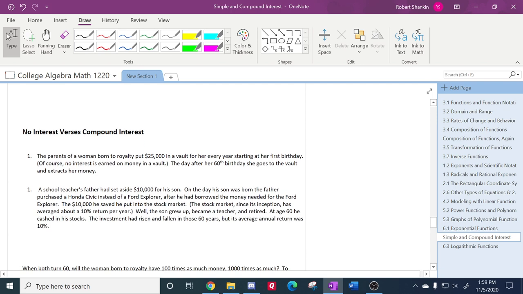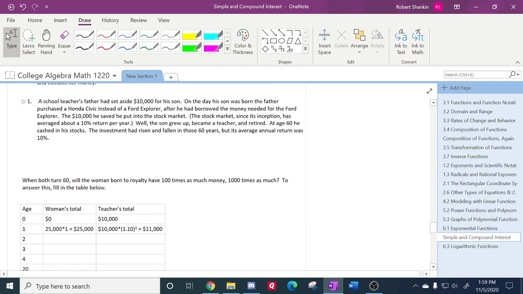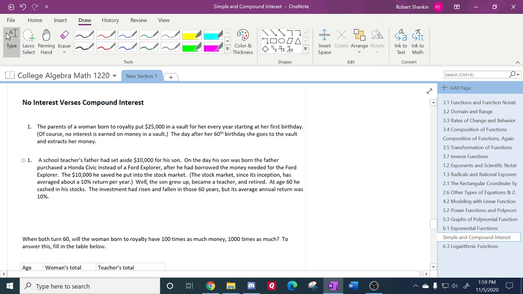So we have this little activity here: no interest versus compound interest. The parents of a woman born to royalty put $25,000 in a vault for her every year starting at her first birthday.